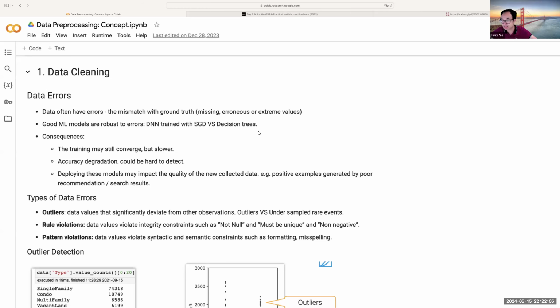On the other hand, if you are working with a decision tree and you have a tiny bit of error, the model could be dramatically different. So if you have extreme values, missing data, or erroneous data and you apply decision trees, you will have a problem.